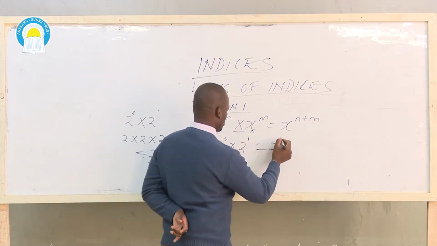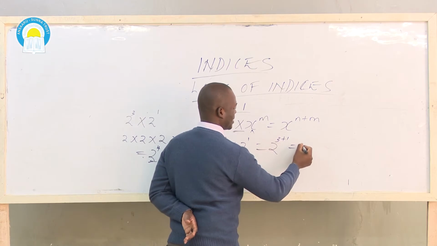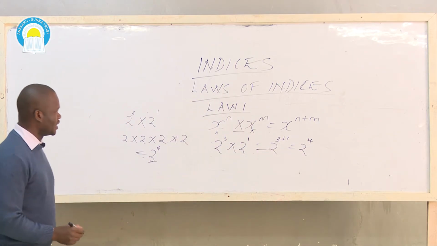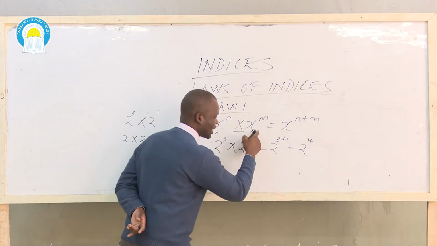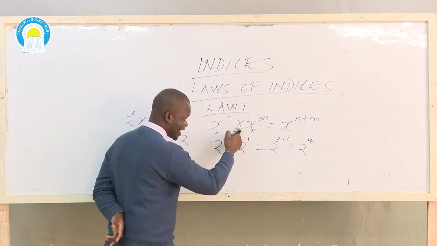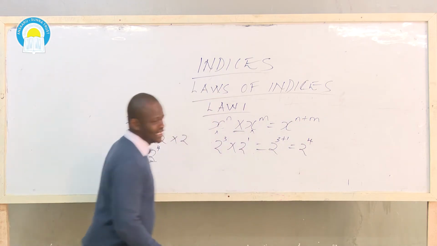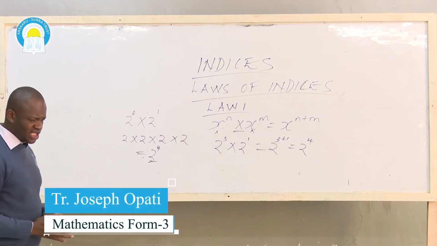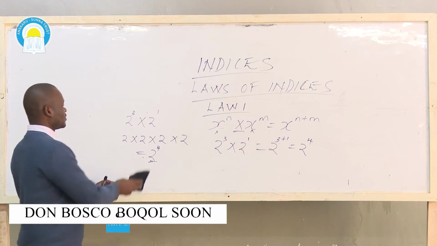The workout will be 3 plus 1, addition of the powers. Then we get 2 power 4. So what is the law here? The law is whenever you multiply and the bases are the same, you add the powers. So based on that illustration, let's do 2 or 3 examples.